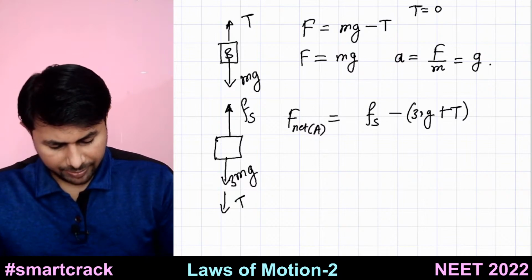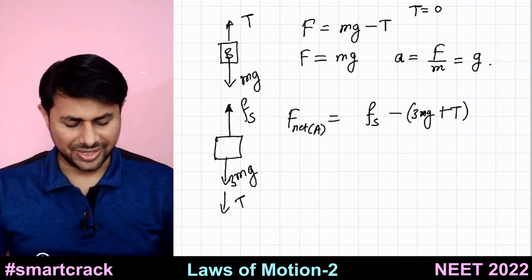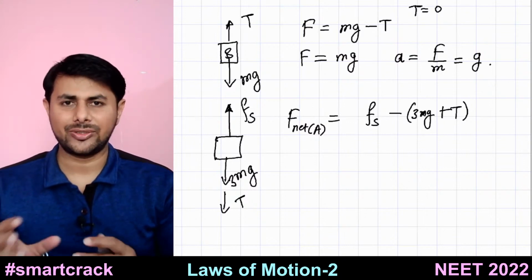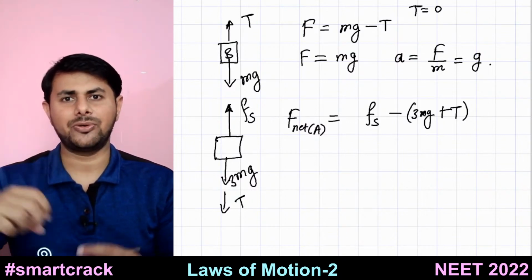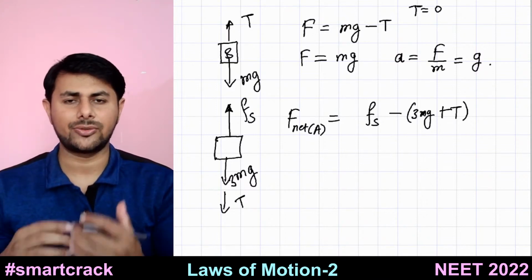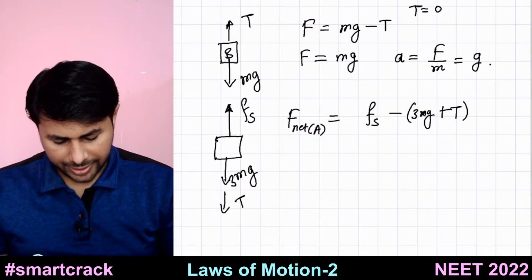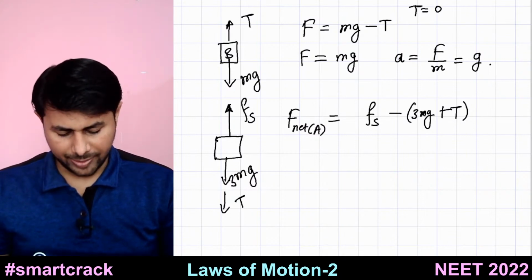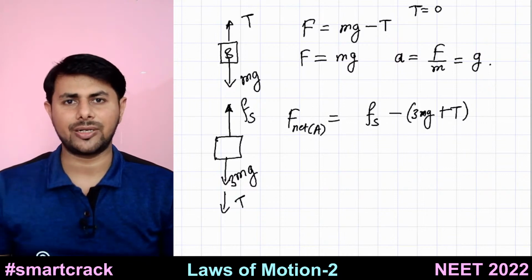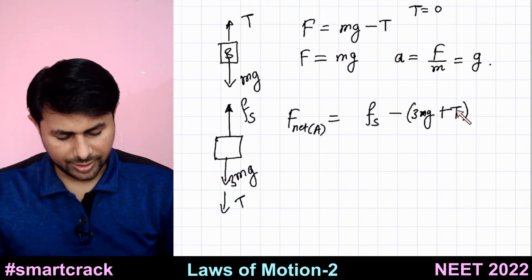The total upward force minus the total downwards force. The total upwards force is the spring force; the total downwards force is its weight, 3 mg, plus the tension in the string. But when you cut the string, the tension becomes 0, so this term becomes 0.